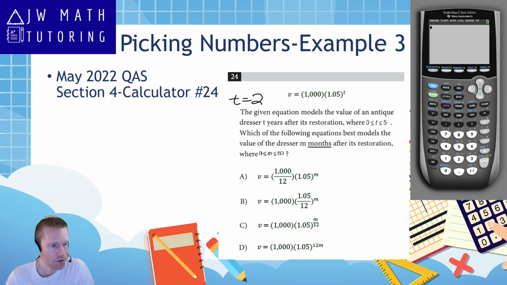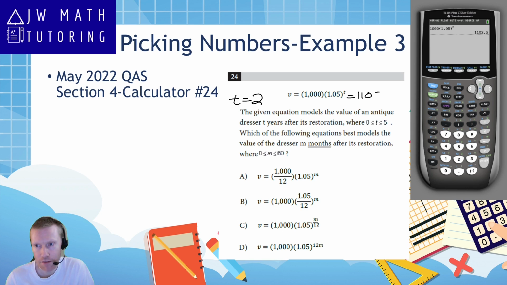So first thing I'm going to do is go on the calculator. I'm going to type in 1,000 times 1.05, and then to the second power. So I'll square that. Okay, I get 1102.5.